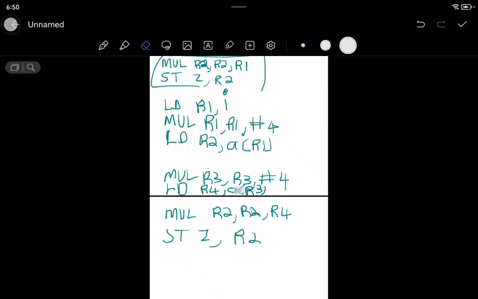Then I'll check what else is the same. Also remove this. Wherever I see R3, I put R1. Yeah, and then let me move this up here so I can see.